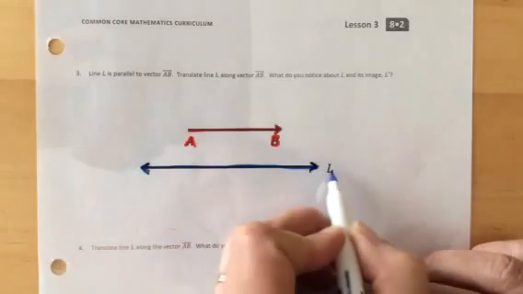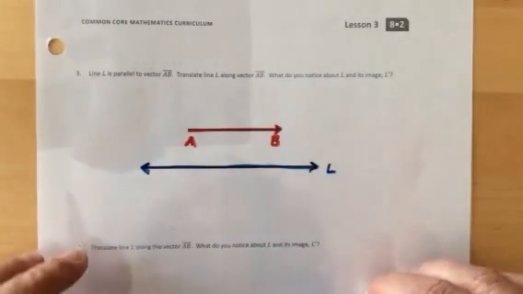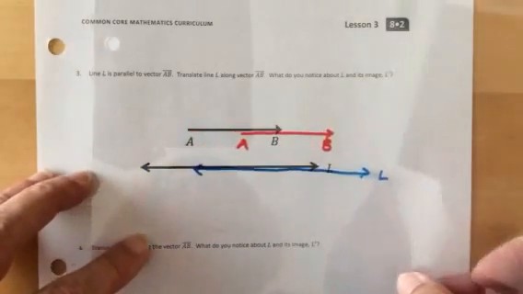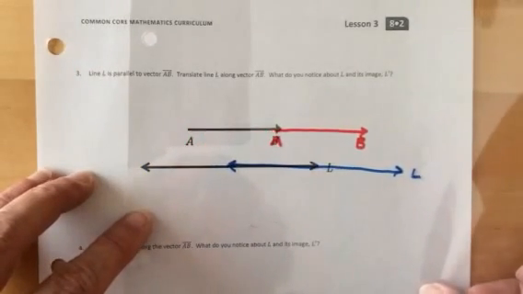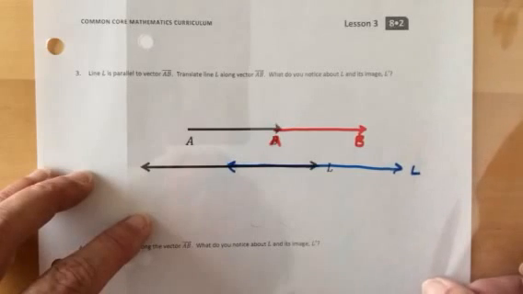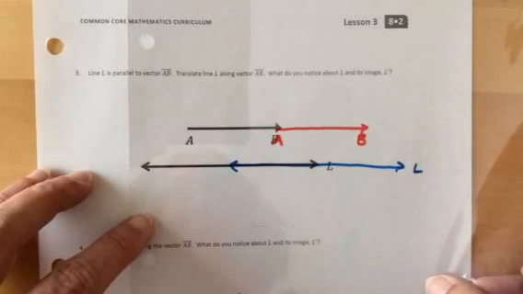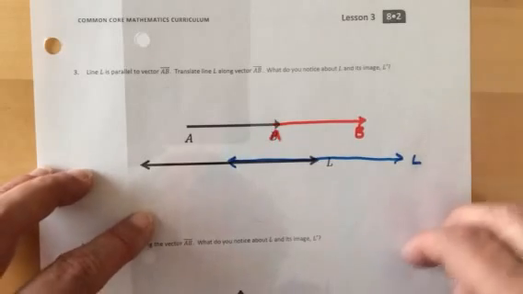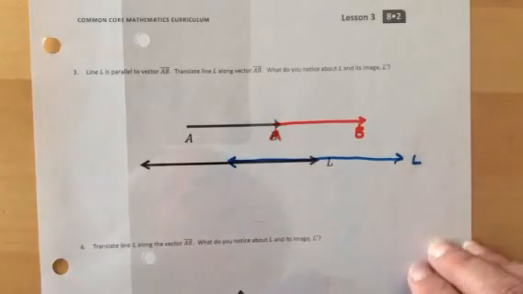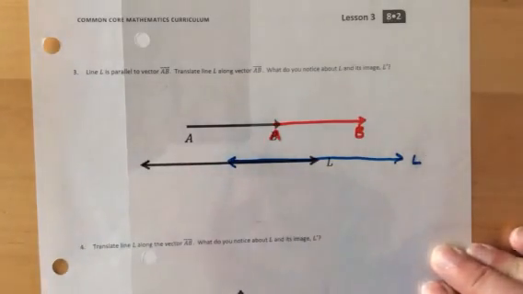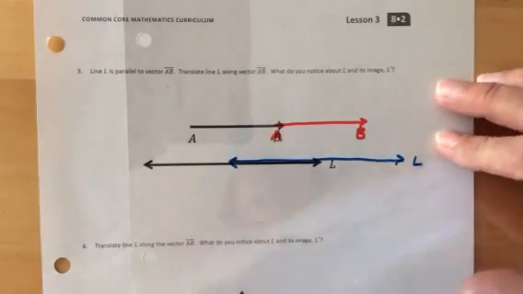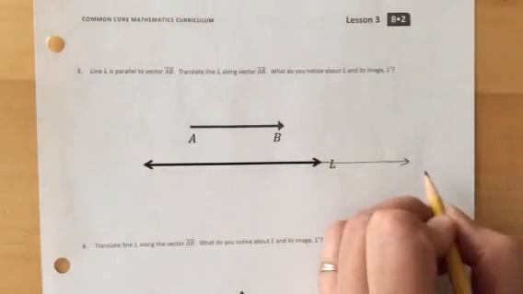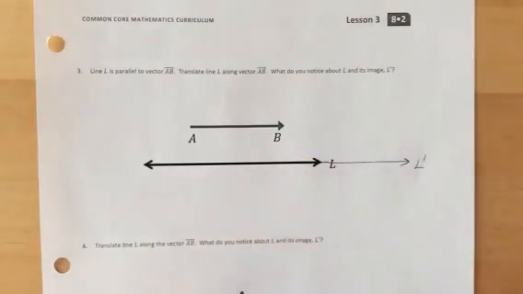What's going to happen in this case? There's L, and we're going to slide it. Remember, we translate by taking our beginning point and matching it up to the ending point. Now I'm going to trace my line here, like so, and there's L prime.